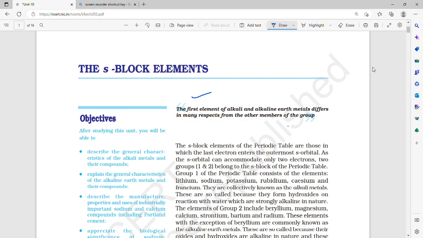The first element of alkali and alkaline metals differs in many respects from the other members of the group. This is something that we will study in detail further in the chapter.